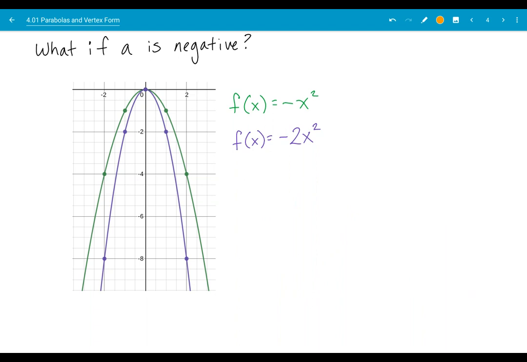Other than that fact of flipping it upside down, the stretch factor does exactly the same pattern. So here, the purple is a -2, so I go over 1 and down 2. Over 2, down 8. Remember, that's double the 4. So the pattern of the number itself stays exactly the same no matter what the orientation is.